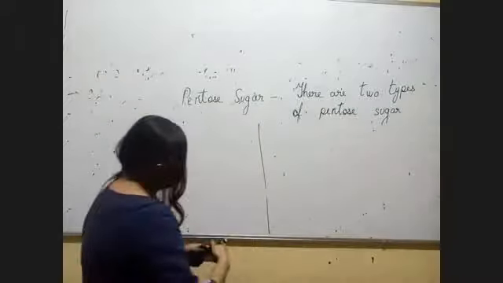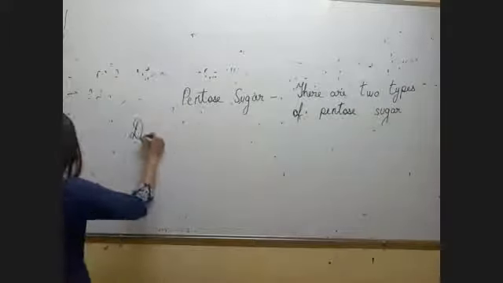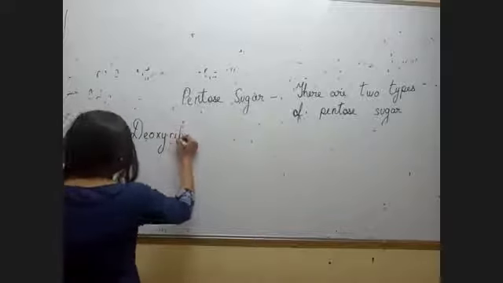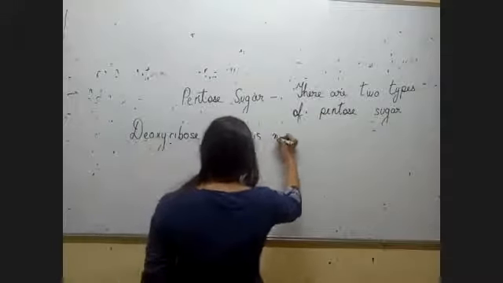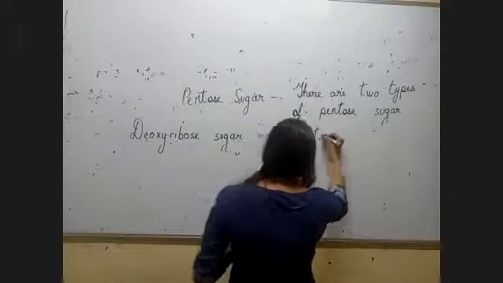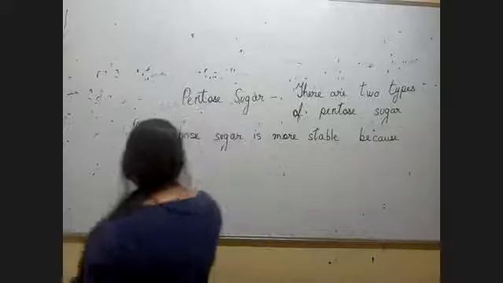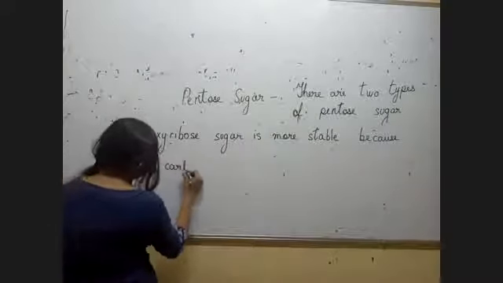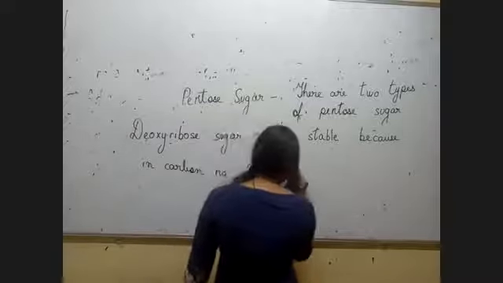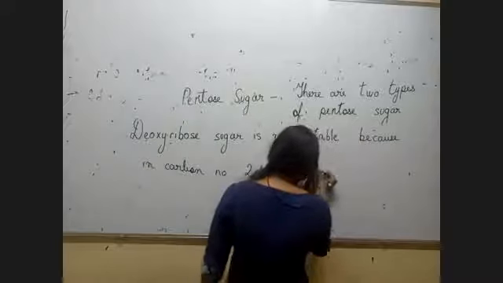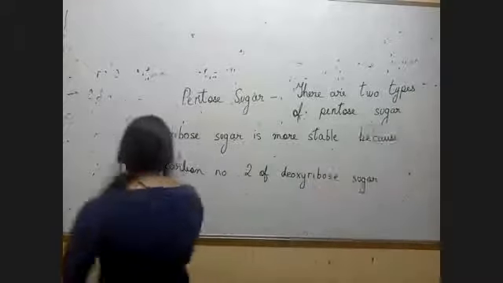So the concept was like this. Deoxyribose sugar is more stable because in carbon number 2 of deoxyribose sugar, oxygen is absent.